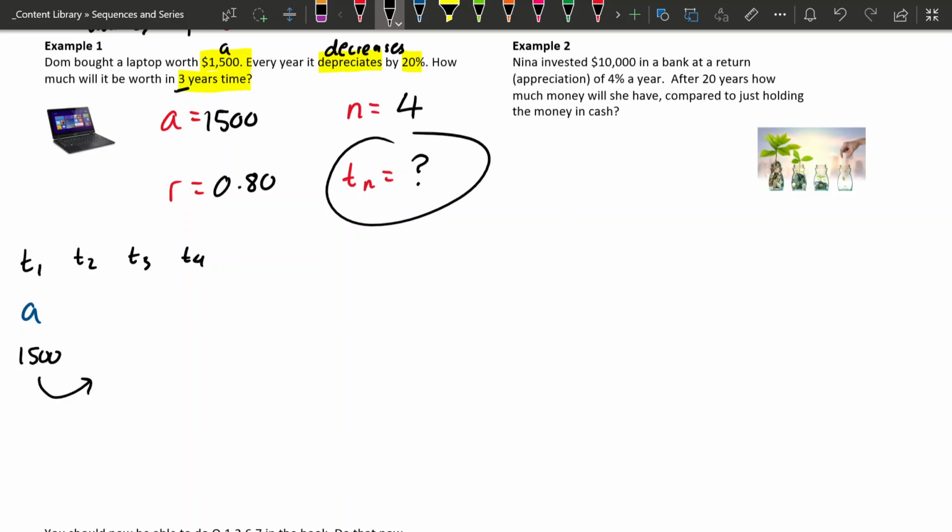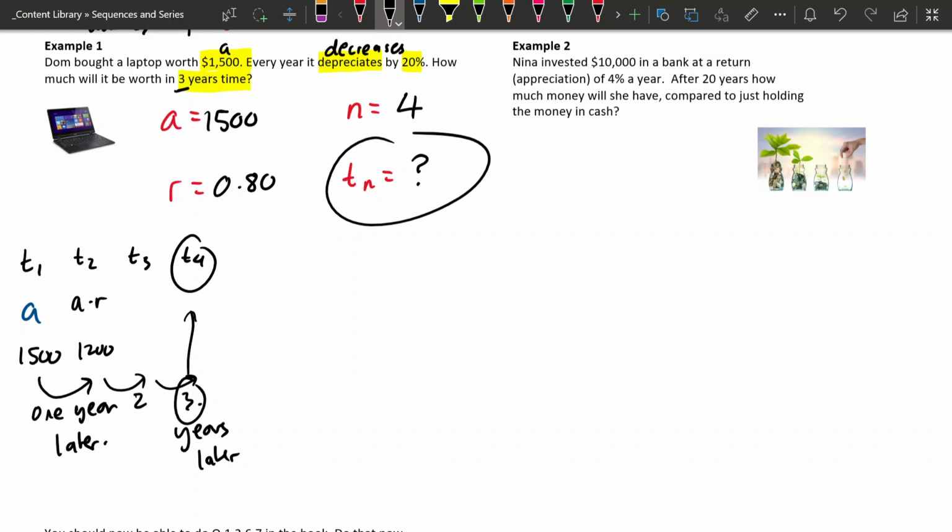The year after, so 1 year later, it will decrease by 20%. So that'll be 1,200. Or in this case, it's A times R, so 1,500 times 0.8. 2 years later will be T3, and 3 years later is actually T4.